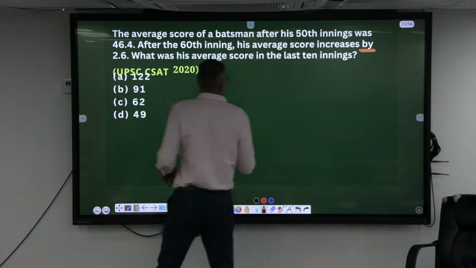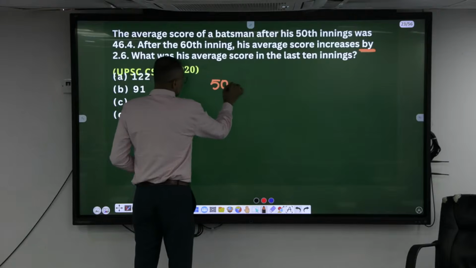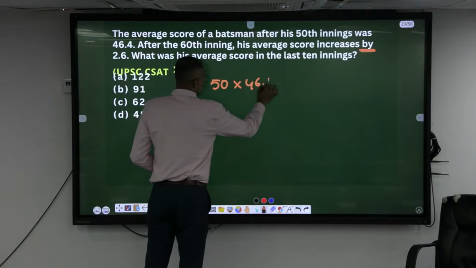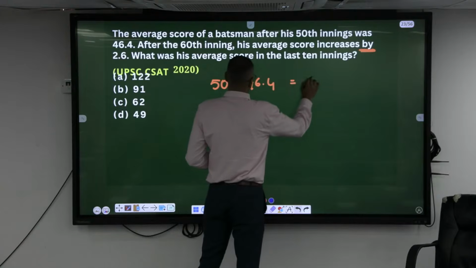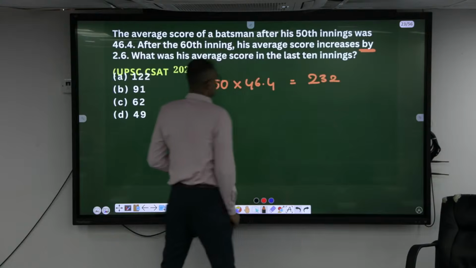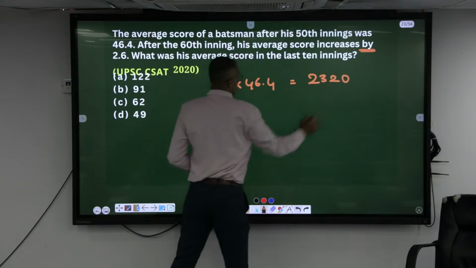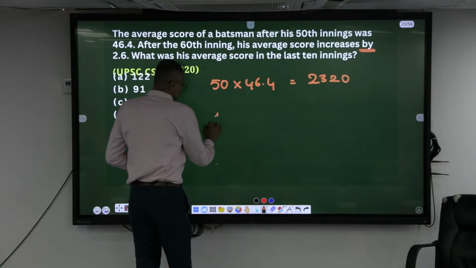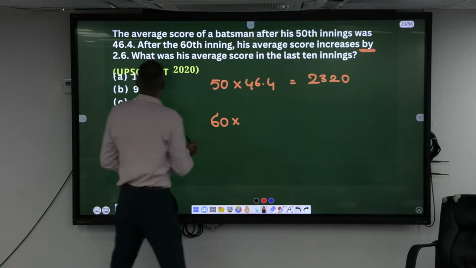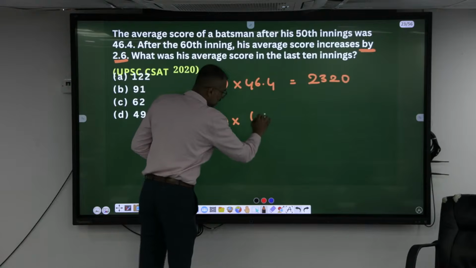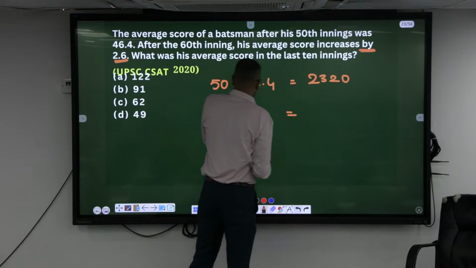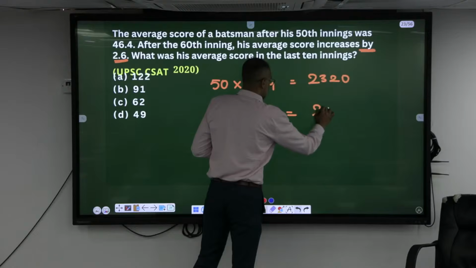See, in the first 50 innings, the average is 46.4. Okay, 46.4 into 50, 2320. Similarly, after 60 innings, the average is increased by 2.6. Means you have to add 2.6, so the average becomes 49. Okay, 60 into 49, 2940.